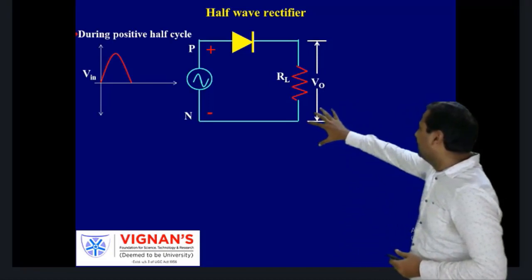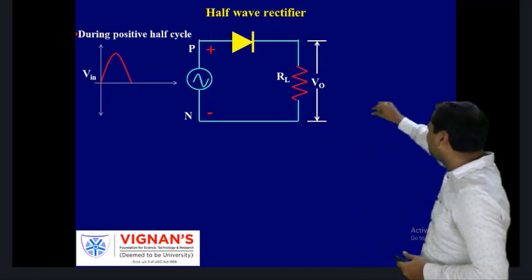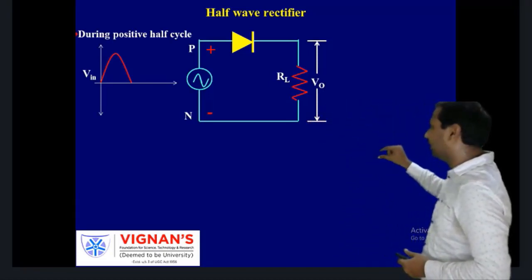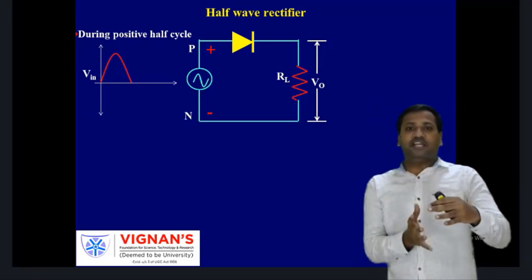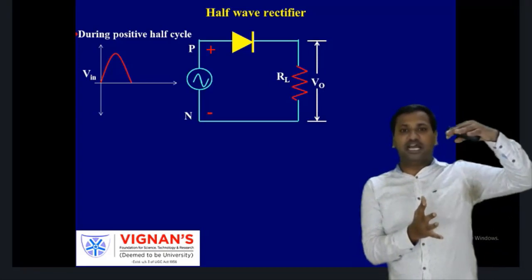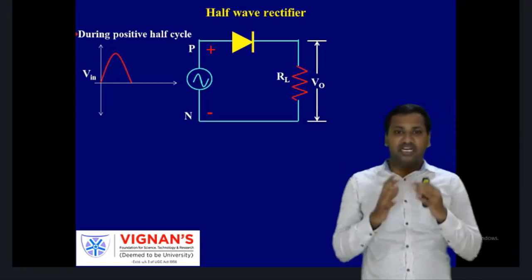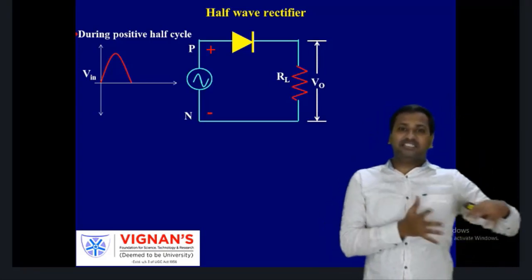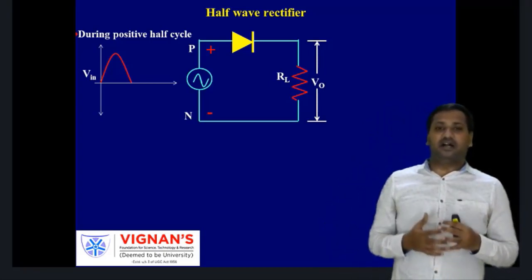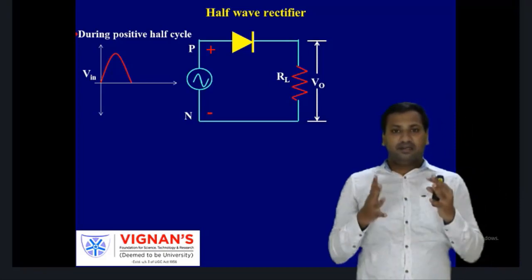During the positive half cycle, the diode anode is connected to positive and the cathode is connected to negative. That means the anode potential of the diode is at a higher value than the cathode potential, so the diode is in forward bias. We already discussed this in the earlier sections on diode characteristics.